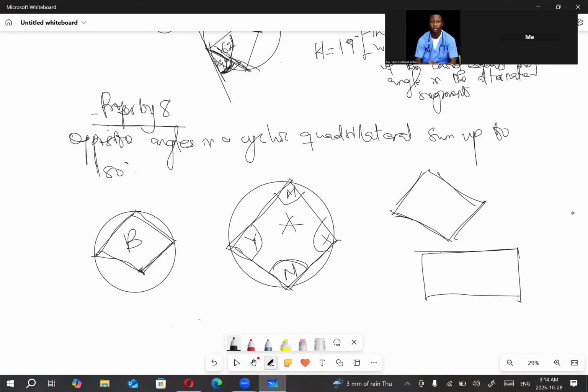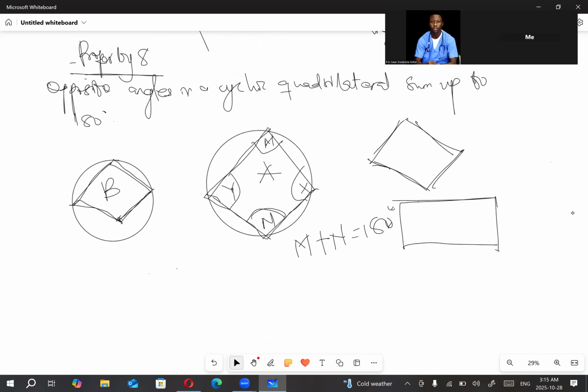So for diagram A, because it's cyclic, m plus n is equal to 180 degrees, and x plus y is equal to 180 degrees. That's it. Any question? So I'm going to give you some practical questions to try.